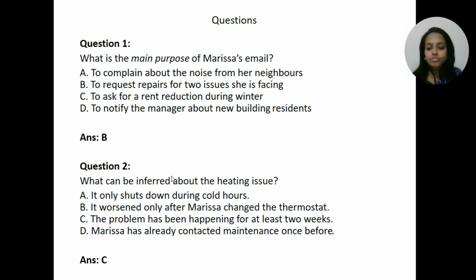So the correct inference is C. The problem has been happening for at least 2 weeks. Option A is also wrong. B is also wrong. A is wrong because she says it shuts off even during warm hours. Option B is wrong because she tried resetting, but that did not cause the issue. And option D, yes, she never contacted maintenance before.